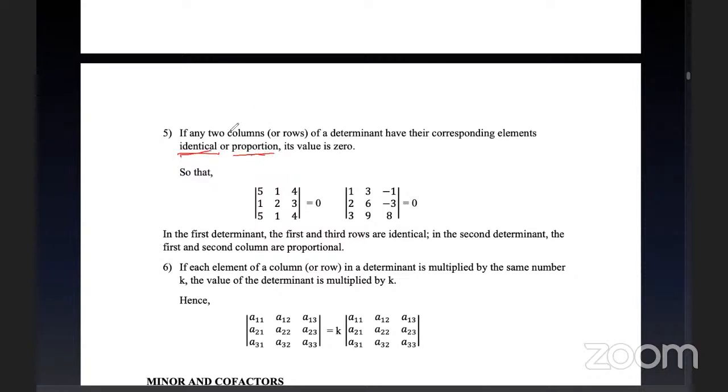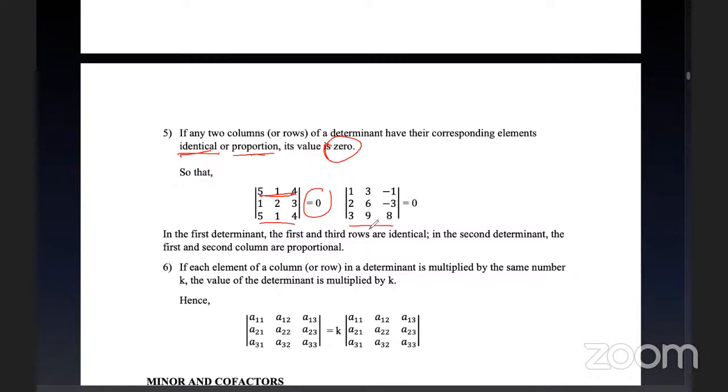So kapag mangyari, any two columns or rows of a determinant have identical or proportion corresponding elements, the value is 0. So just like this. So 5, 1, 4, 1, 2, 3, 5, 1, 4. As you can see, yung row 1 na elements is identical doon sa elements na nasa row 3. So ibig sabihin, the value is 0.